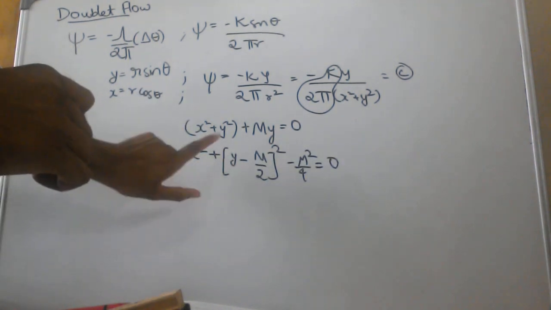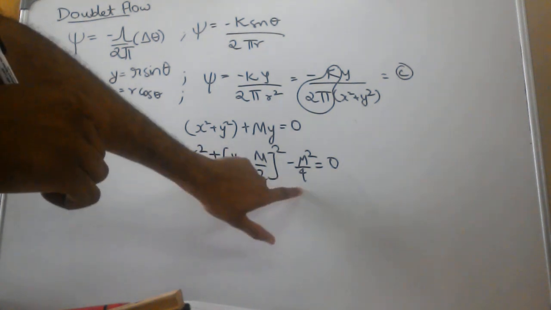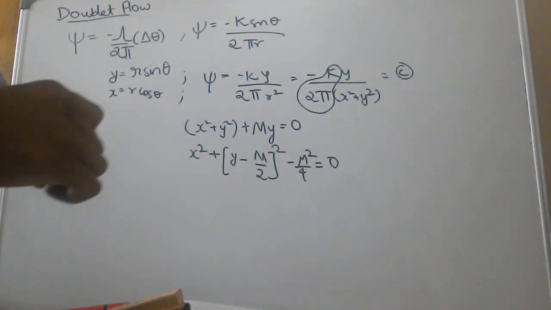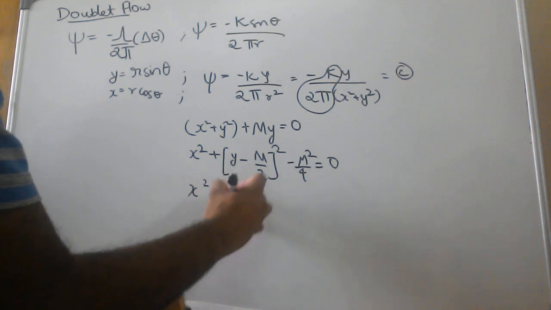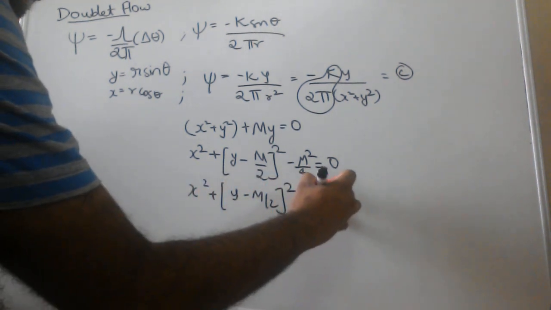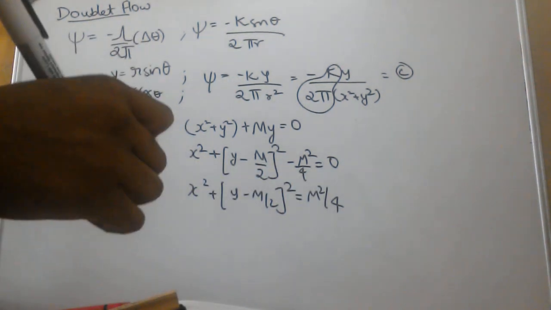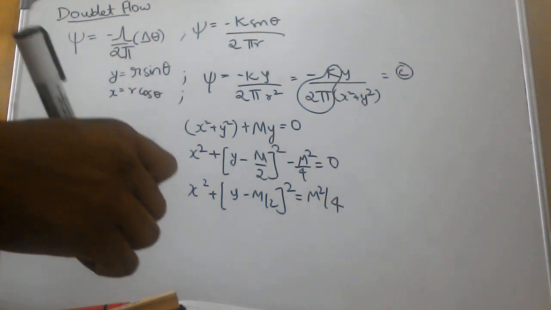So y squared comes from here, plus m squared by 4 minus m squared by 4 gets cancelled, 2my by 2, so that's my. So this is right. So what we get now is x squared plus y minus m by 2 the whole squared is equal to m squared by 4. So this is clearly an equation of a circle.